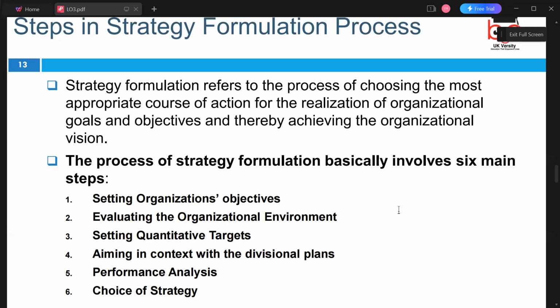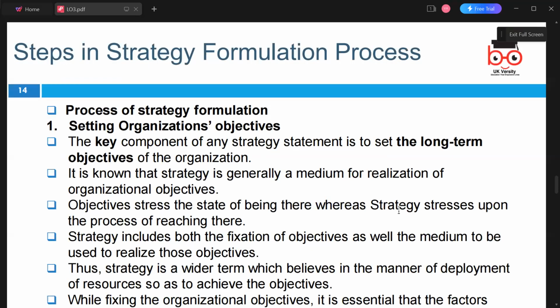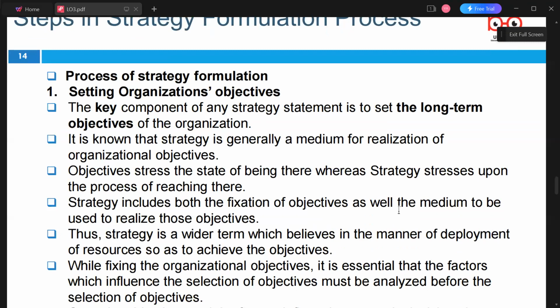When it comes to choosing, we basically involve 6 main steps: setting the organization objectives, evaluating the organizational environment, setting quantitative targets, aim in context with the divisional plans, performance analysis, and choice of strategy. So let's look into each of them.